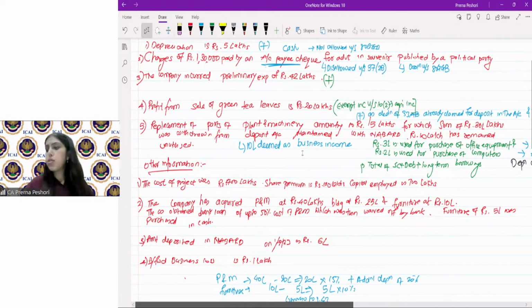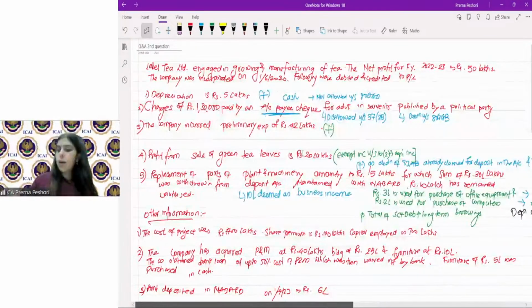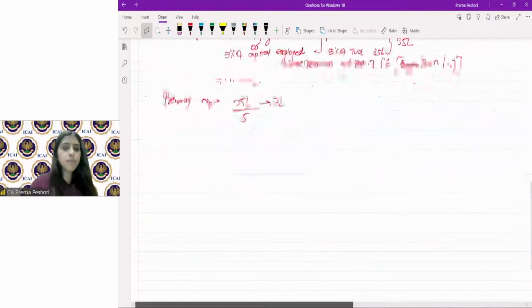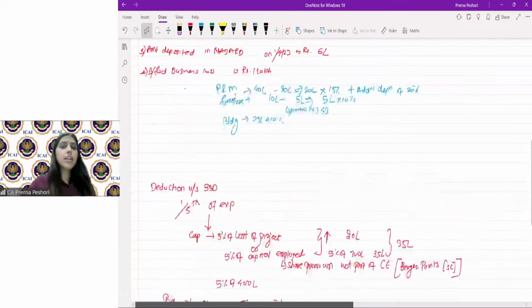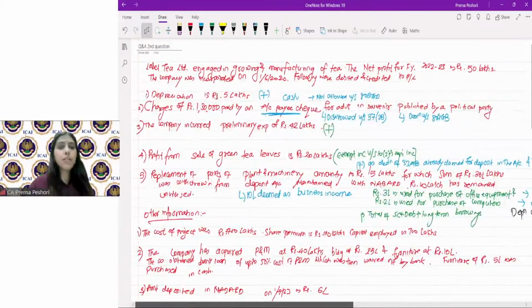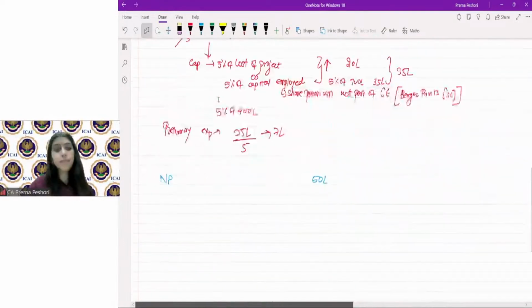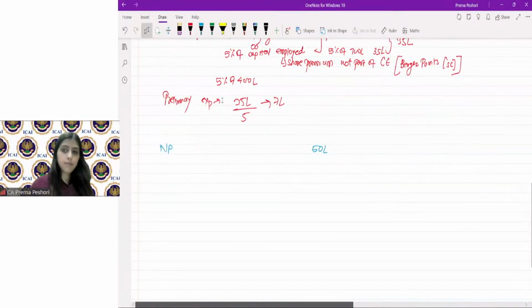Okay. So my net profit was 50 lakh. In that, I have added the depreciation of 5 lakh. Fine.